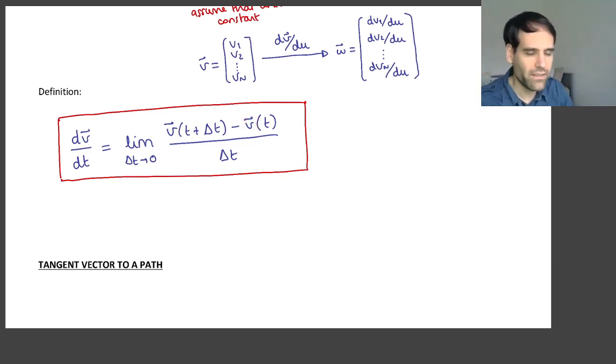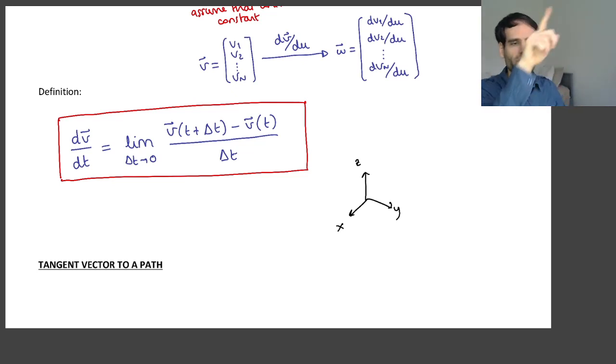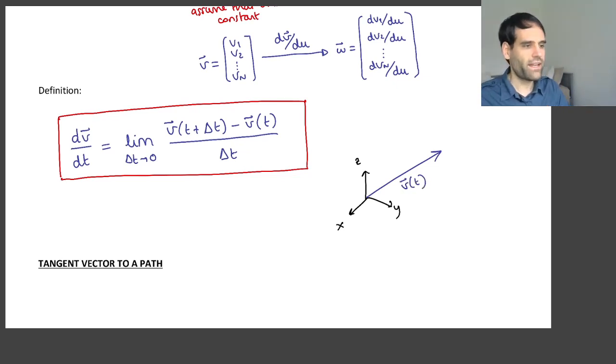But what does it mean visually? Let's imagine that we have a three-dimensional space, x, y, z. And then we have a vector v that depends on time. Okay, so vector v is a vector that is changing with time. So this vector at time t is equal to this, so this will be v of t. And then after some time, this vector has changed.